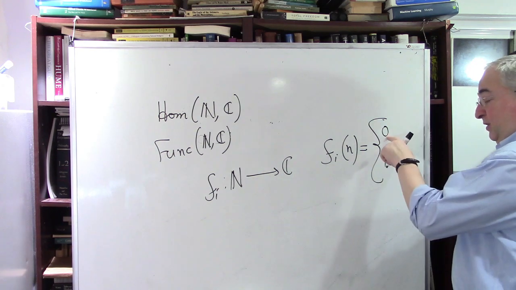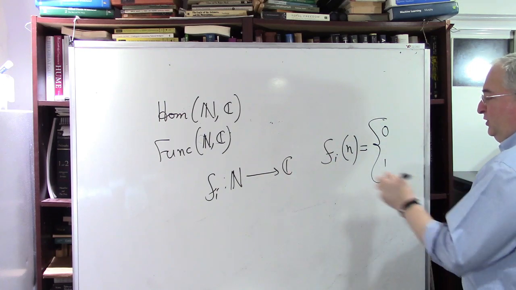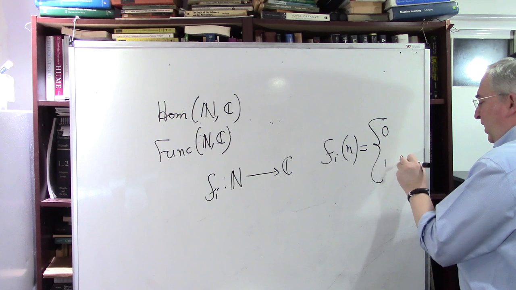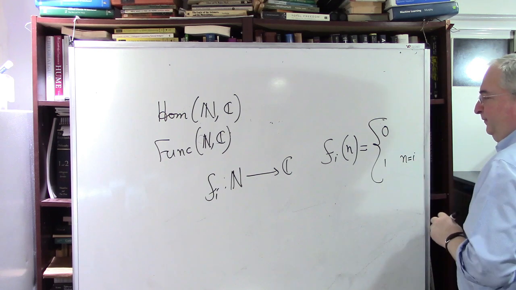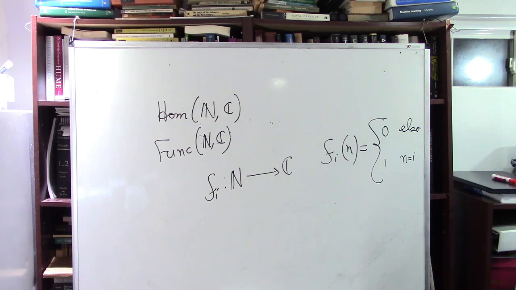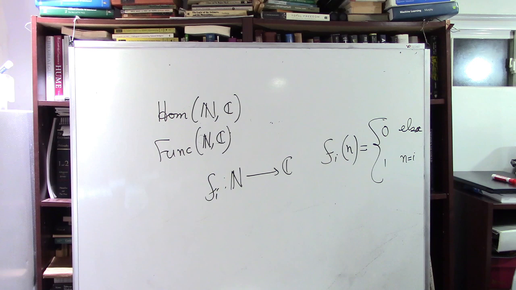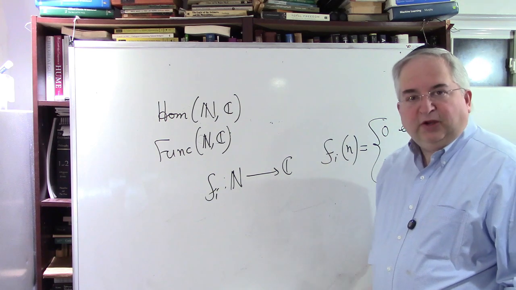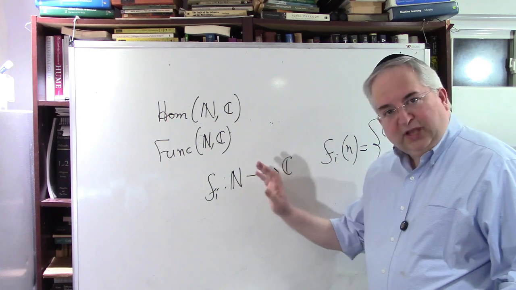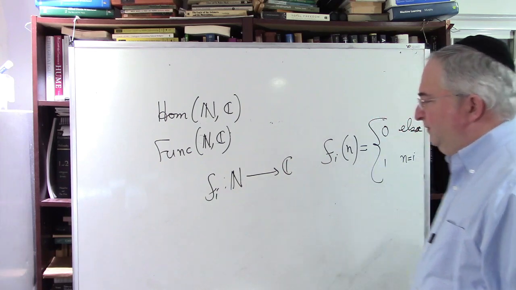By the way, 0 is a complex number, 1 is a complex number, so this is not a problem. So when does it output 1? When n equals i. Otherwise, it outputs a 0. So this is a special function. It always outputs 0 except once, when it's the number i.